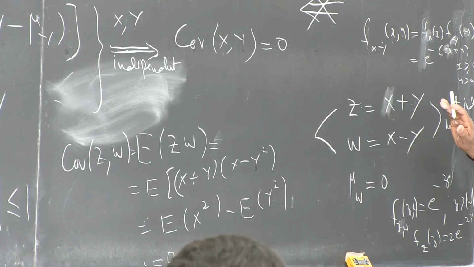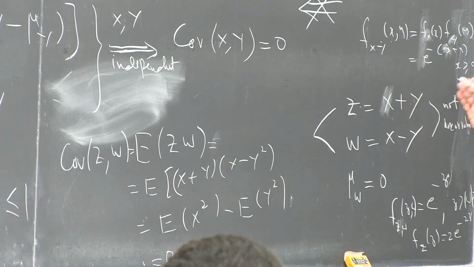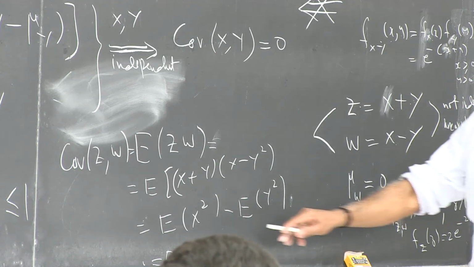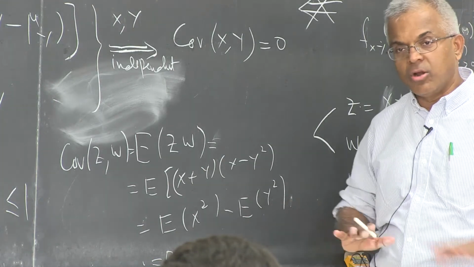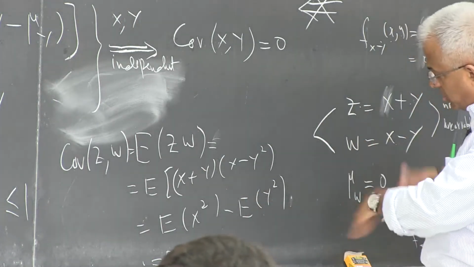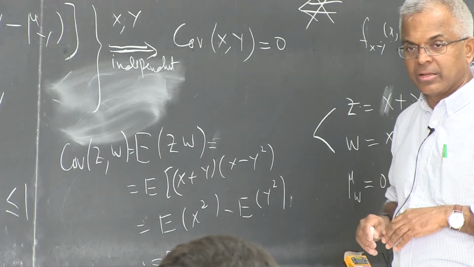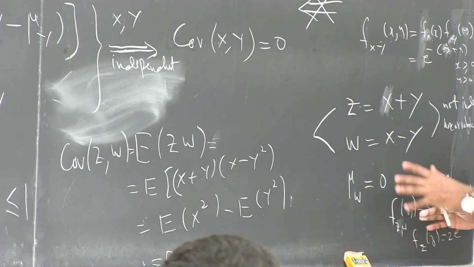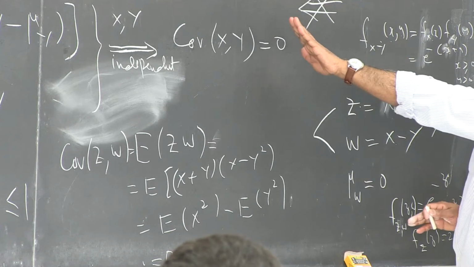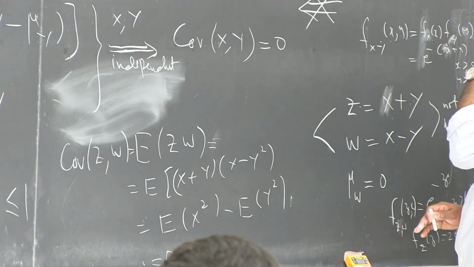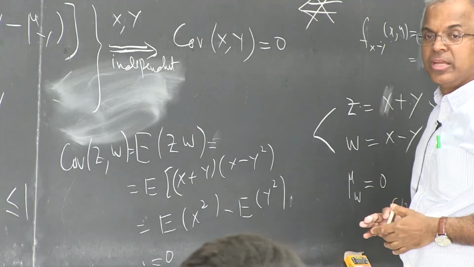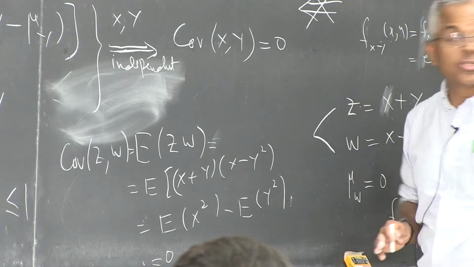Consequently, this mean is 0, and these two quantities are equal, so they are always uncorrelated. Then you work out the density function and see whether they are independent. In some rare cases they may also be independent, but as a rule, this is not true. That's all I'm trying to say. And we also showed you last time there is an exception to this: the Gaussian case. So this should be clear.